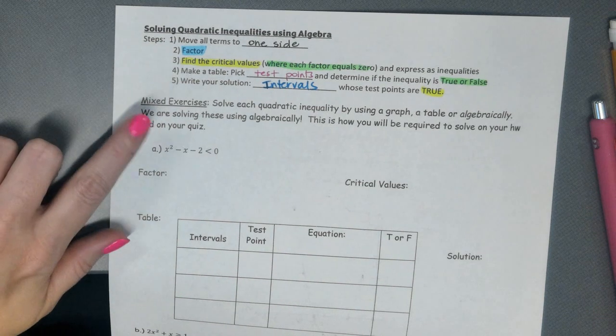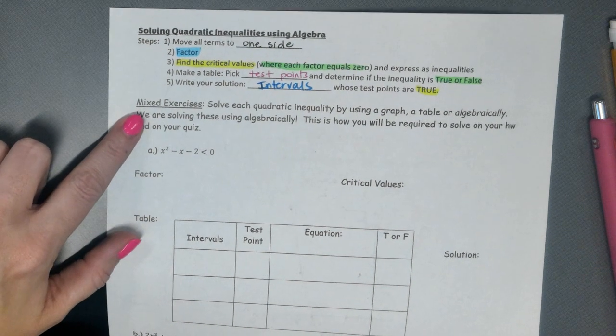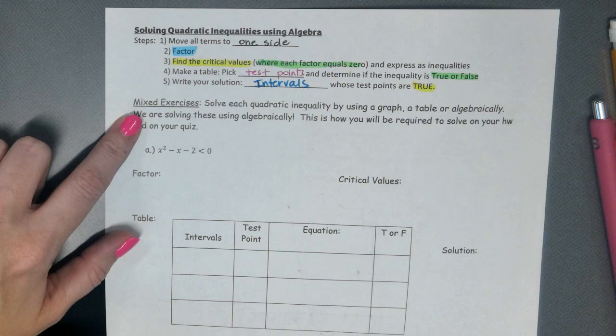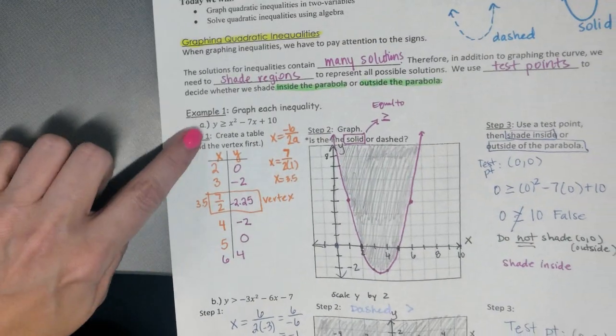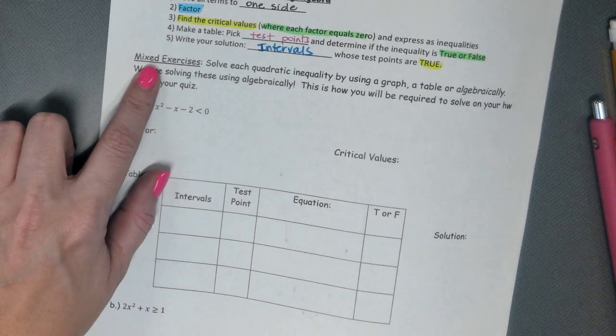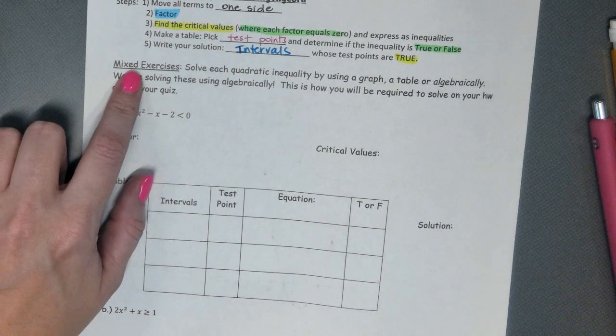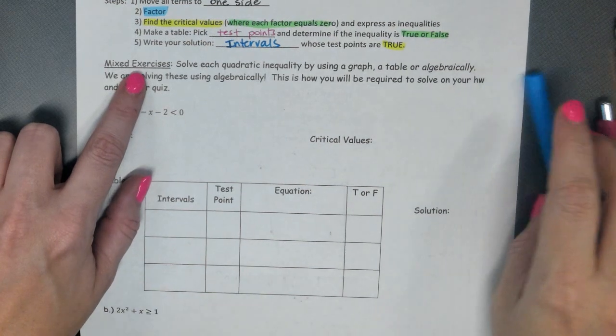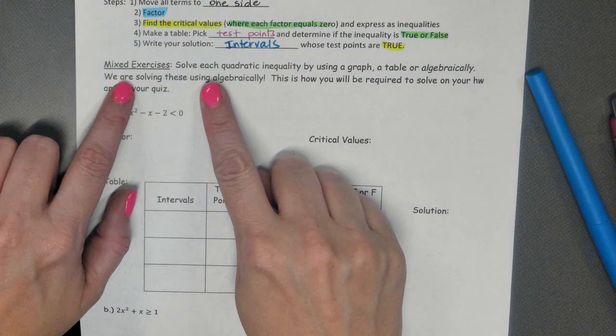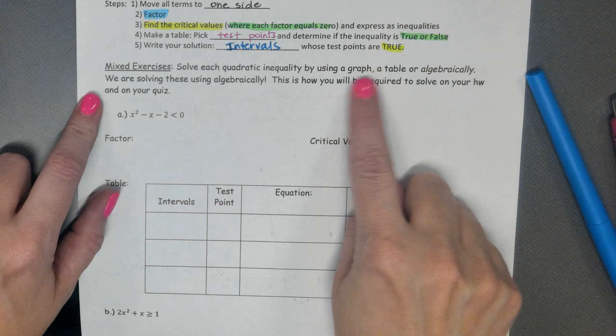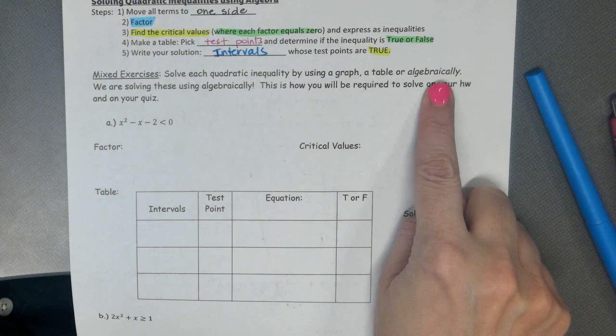And then I told you guys before, whenever we're doing notes, that I align them to your examples in the book. That's why here we have example 1, and then this says mixed exercises because that's what it will say in the textbook. The directions will say to solve by using a graph, a table, or algebraically.